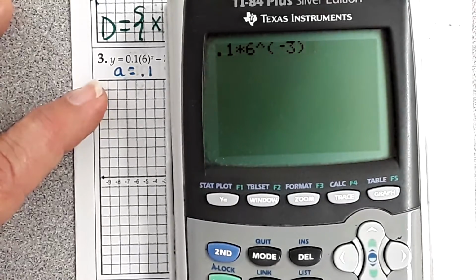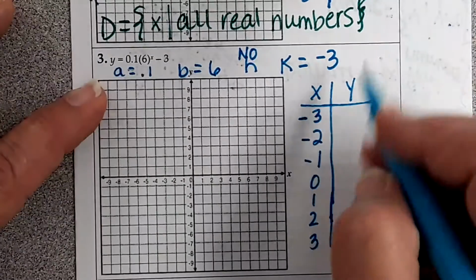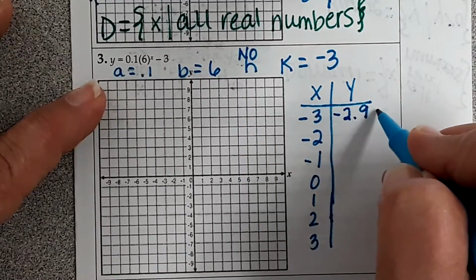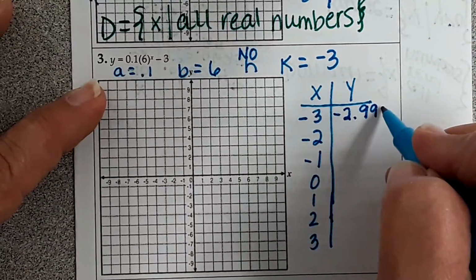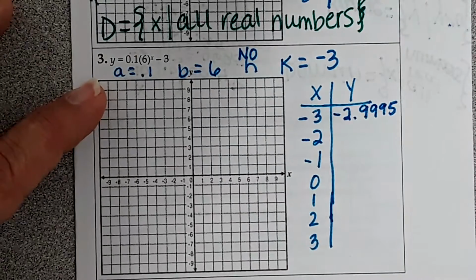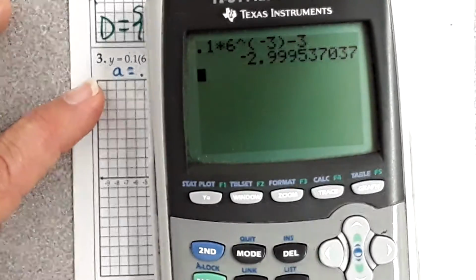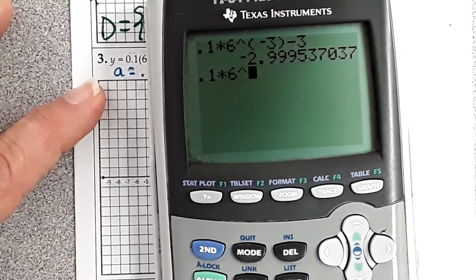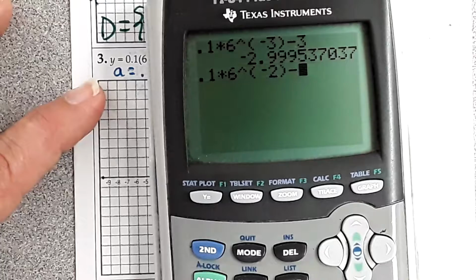I forgot to subtract the 3, didn't I? There we go. That's much better. -2.9995. 0.1 times 6 raised to the -2 power minus 3.